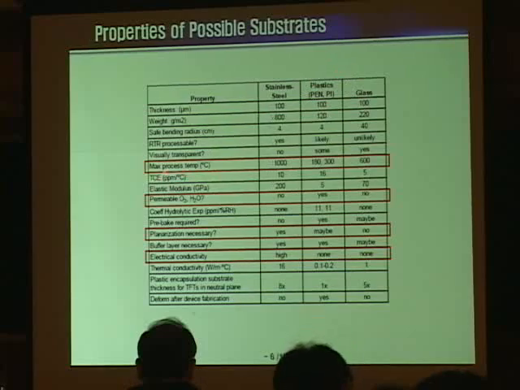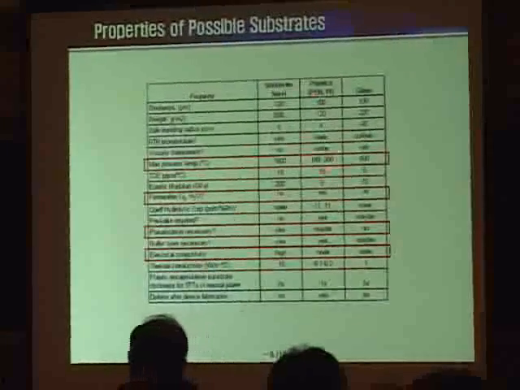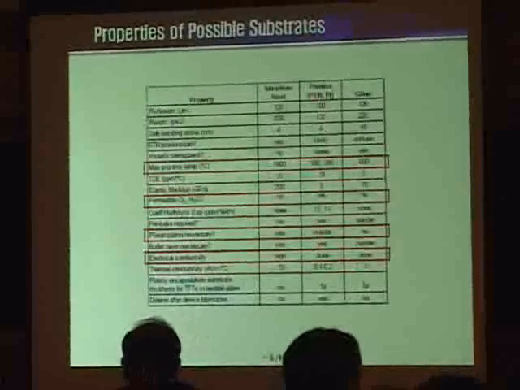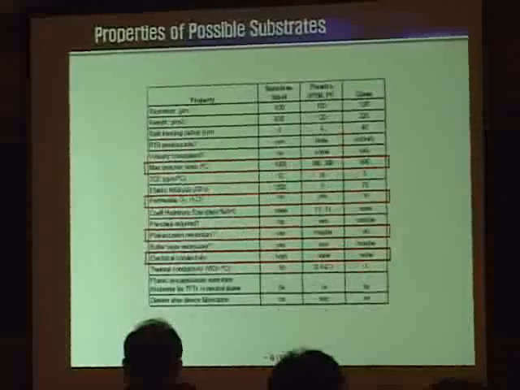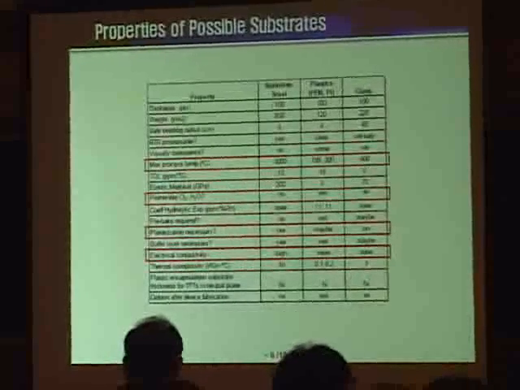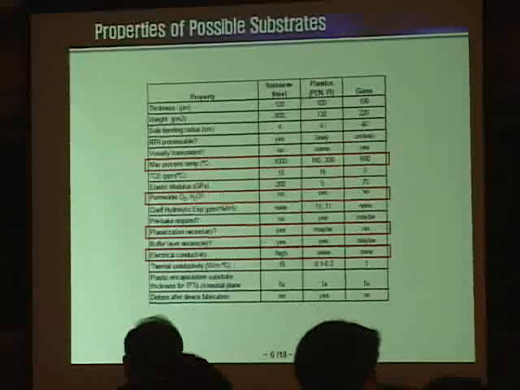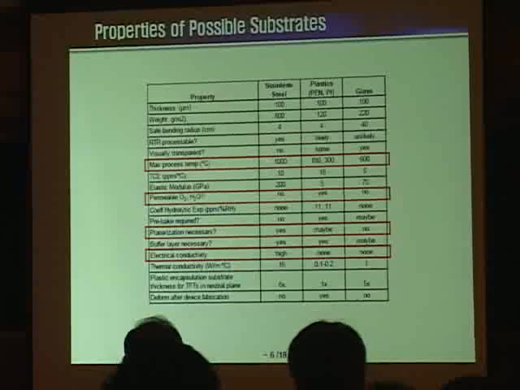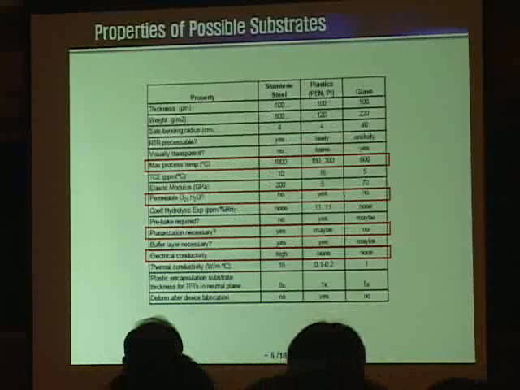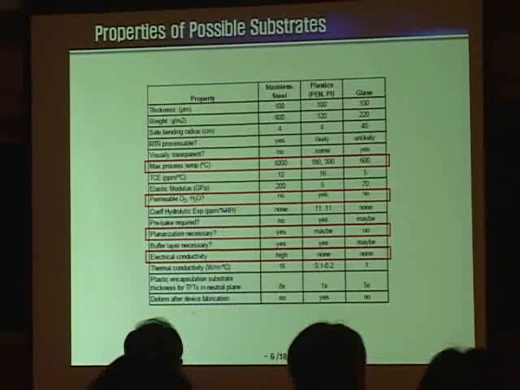In terms of maximum process temperature, the plastic substrate is the worst. So we cannot use the existing TFT technology on this kind of substrate. In addition, in terms of oxygen and water permeability, it is also the worst. So there are many issues to be solved before we use the plastic substrate, especially for AMOLED. Next slide, please.